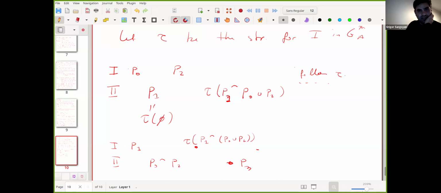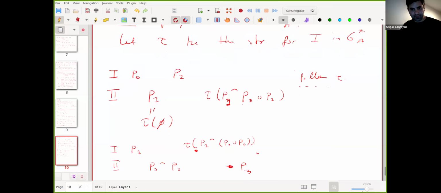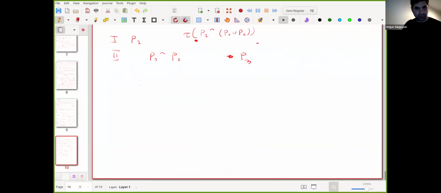Okay, so the final run of the game will be according to tau, and so it will not be in A, so it will be in A complement. So why don't we say, exercise: show that the above works.